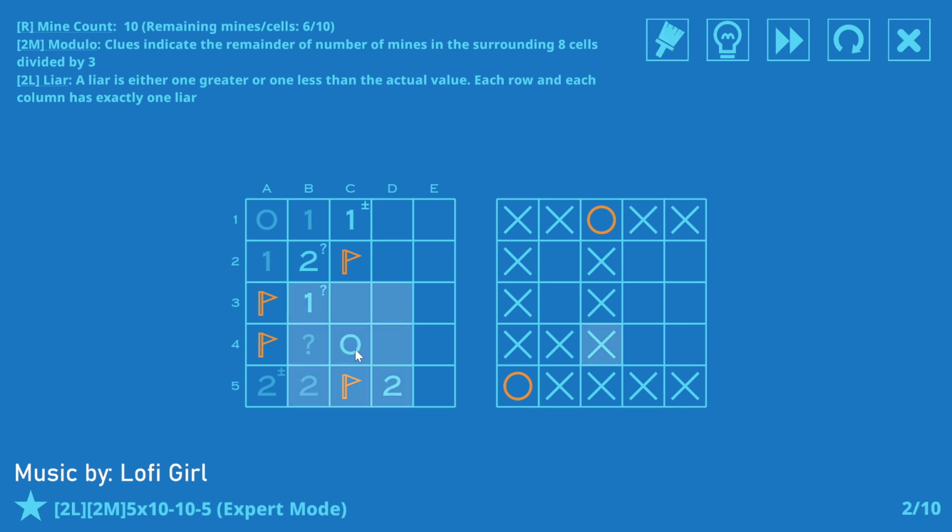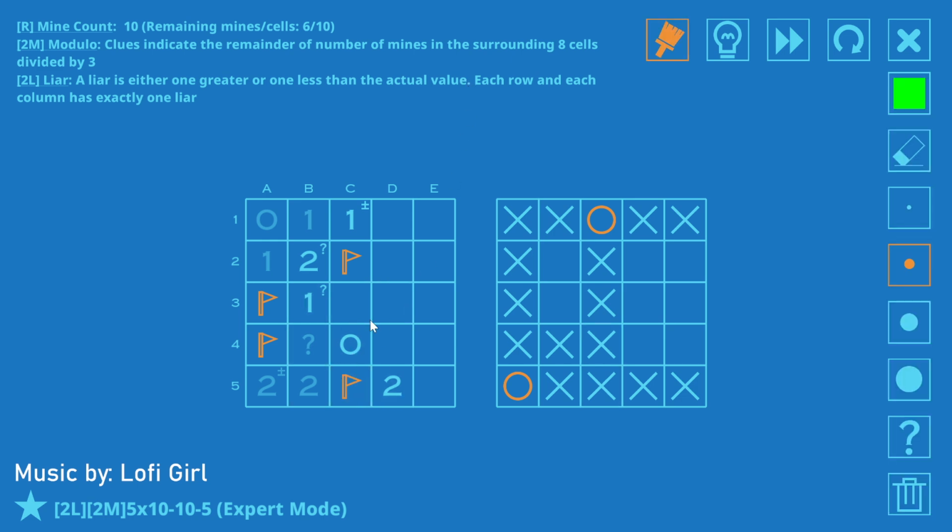I mean, knowing that 0 is the truth means that there are 3 mines total because there can't be 0 mines or 6 mines around it. If we suppose that there are mines here and here, which I think is something we haven't covered yet, then this 2 is complete. This 1, I don't know what's happening to this 1. I mean, this could be the lie for this row.